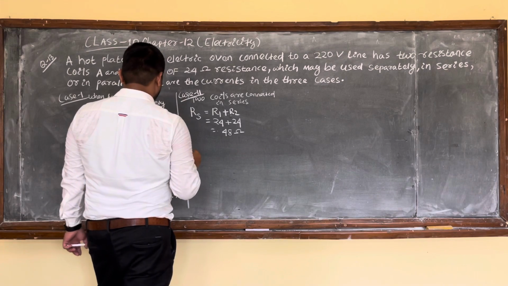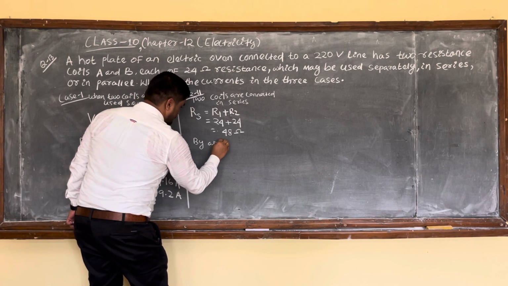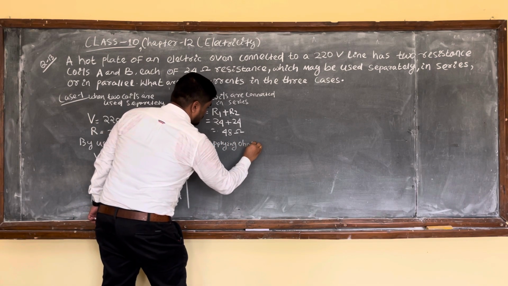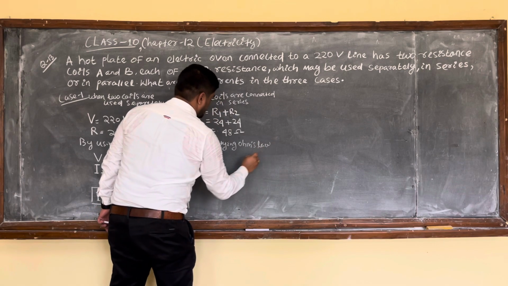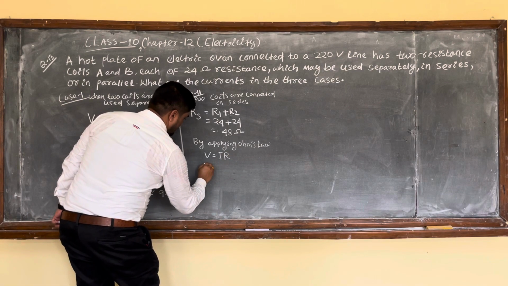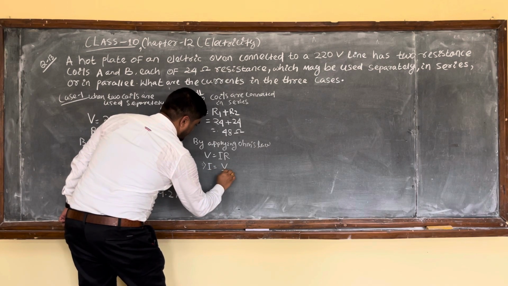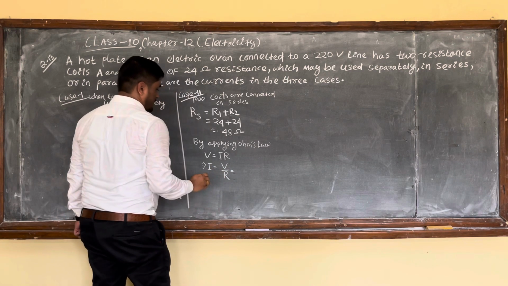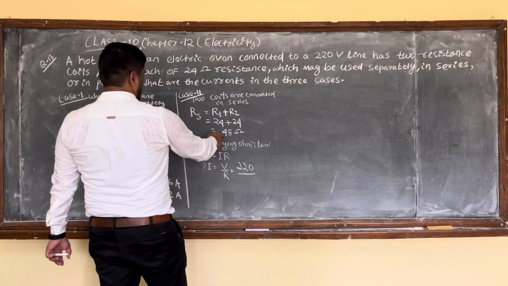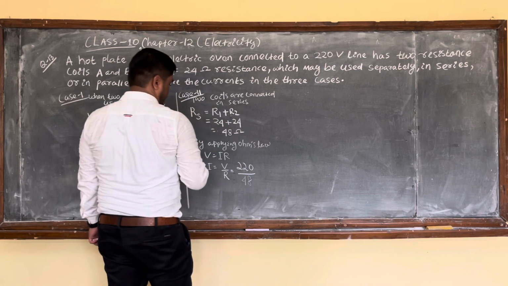And you have to find out the current again by applying Ohm's law. V equals IR, and here current I will be equal to V divided by R. Here the potential is given 220 and the resistance in series is 48.